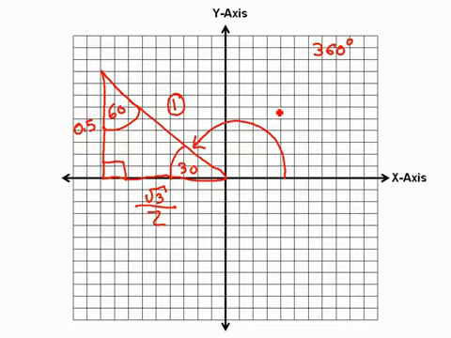A quarter of a rotation would be 360 divided by 4, which is 90 degrees. So a half a rotation would be twice that, or 180 degrees. Well, we want 30 less than half the rotation. So we want 30 less than 180, which would be 150 degrees.